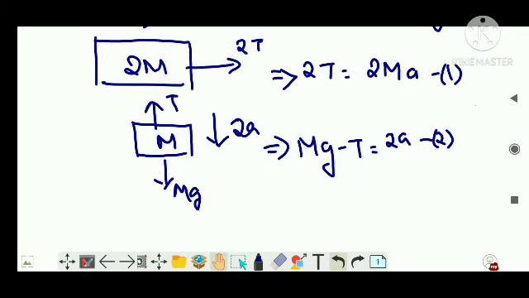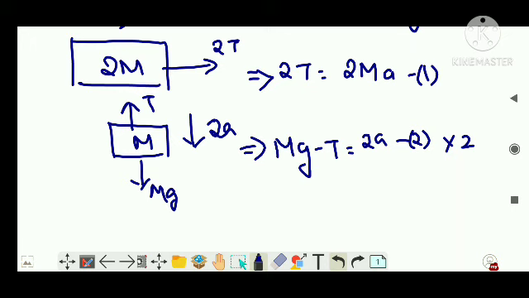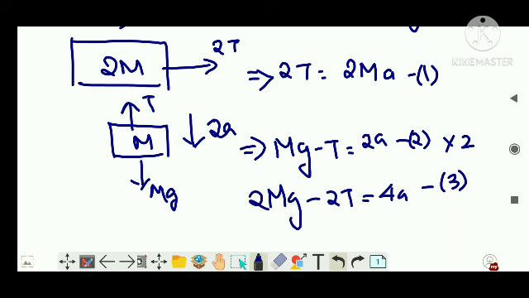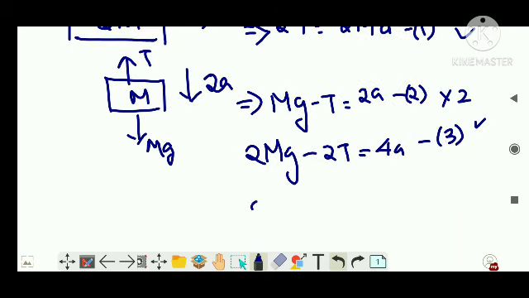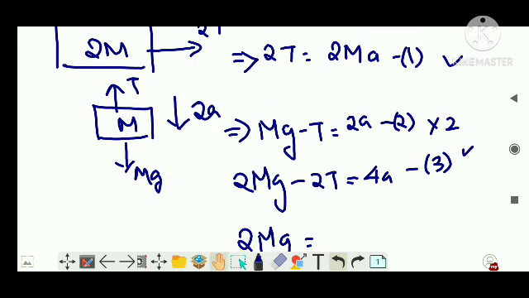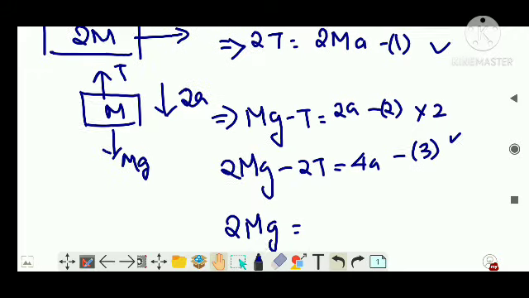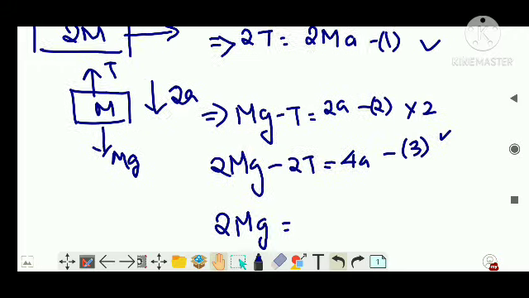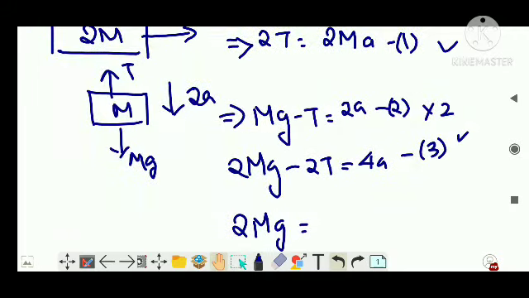Now in order to solve these two equations, I have to multiply the second equation by 2. So 2mg - 2T = 4ma. That is equation number 3. Now if I add equations 1 and 3, I will get 2mg = 2ma + 4ma.